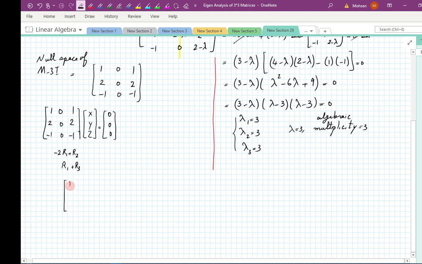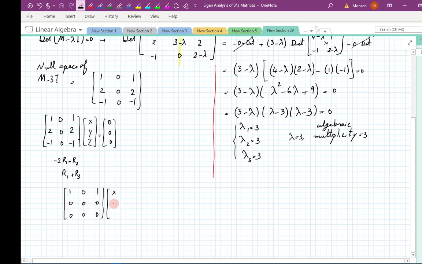So we have 1 0 1 and this becomes 0, this becomes 0. So it's the first time in the Eigen analysis we are seeing something like this. More than one row is becoming 0, and that indicates what's going to be our geometric multiplicity. If 1 becomes 0, geometric multiplicity is 1. If 2 of them become 0, the geometric multiplicity is 2, and so on.